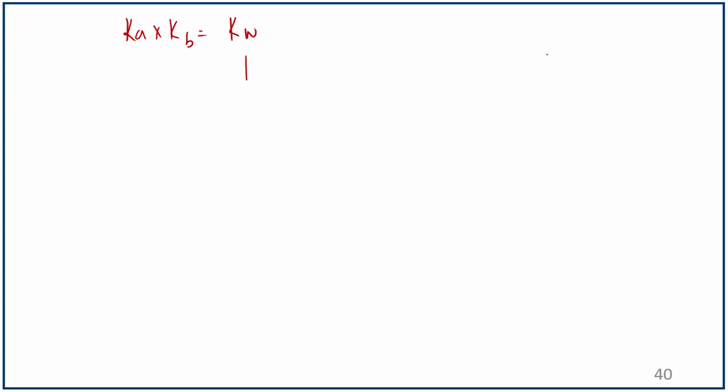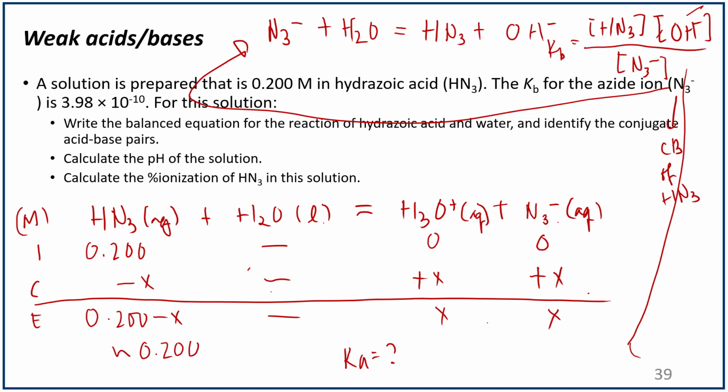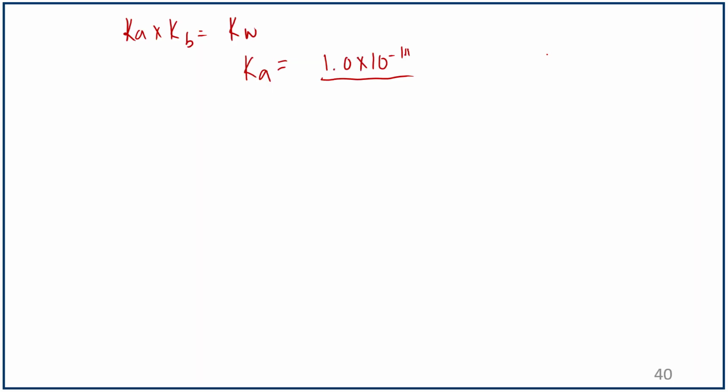If we rearrange this, Ka is equal to 1.0 times 10 to the negative 14, divided by the Kb, which we have written is 3.98 times 10 to the negative 10. So that's 3.98 times 10 to the negative 10, and this should give you 2.51 times 10 to the negative 5.